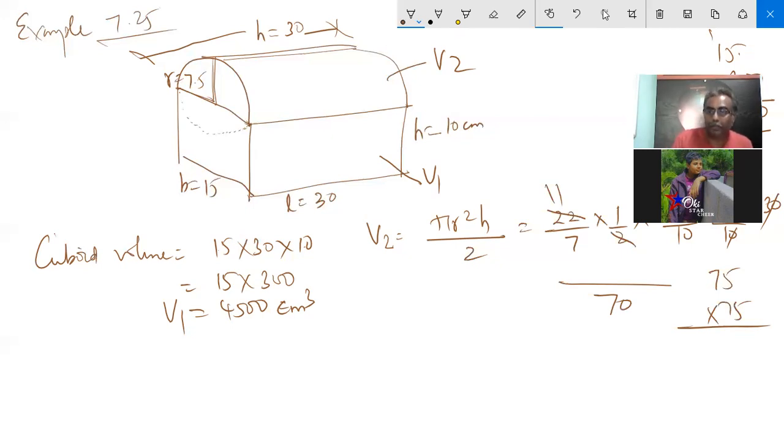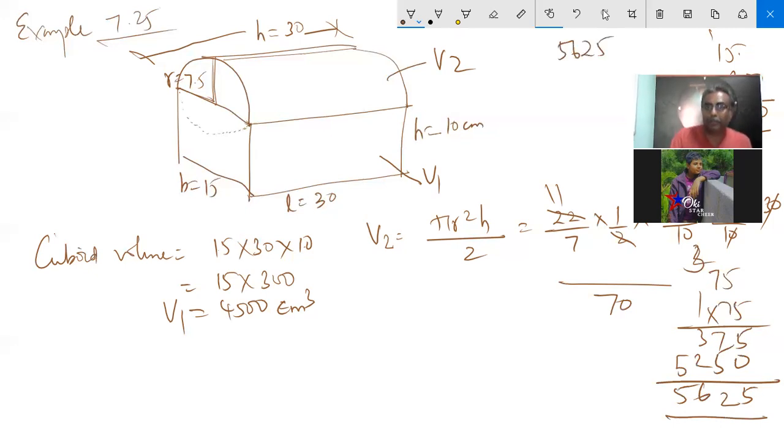So 5 5s are 25, 7 5s are 35, and so on. 75 into 75 is 5,625. Now you have to multiply 5,625 by 11. 5,625 into 11 is 61,875.